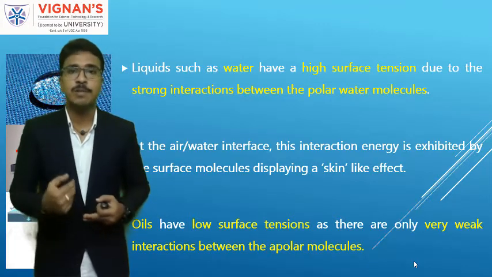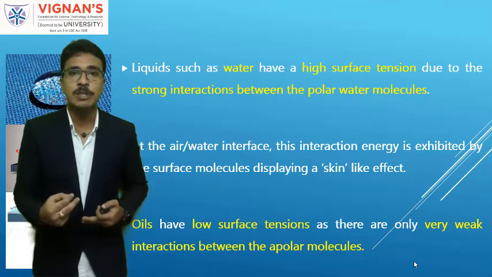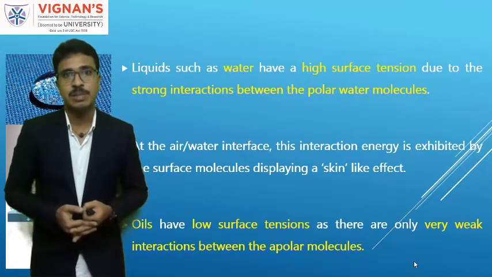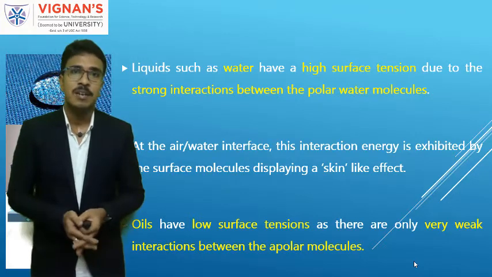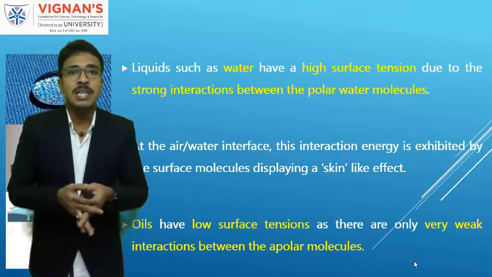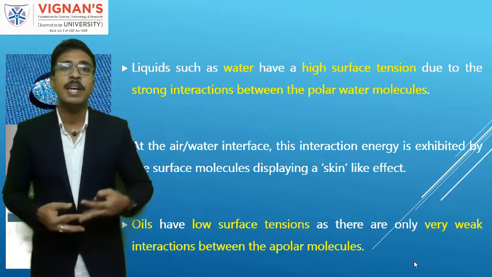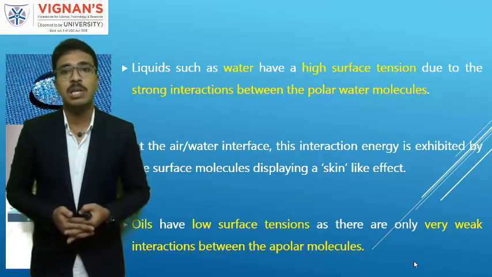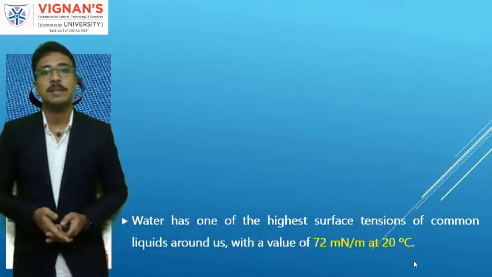Again, that is because of the interaction between the molecules inside these liquids. When it comes to water, there are strong interactions. When it comes to oil, there are very weak interactions between the apolar molecules. Understand?